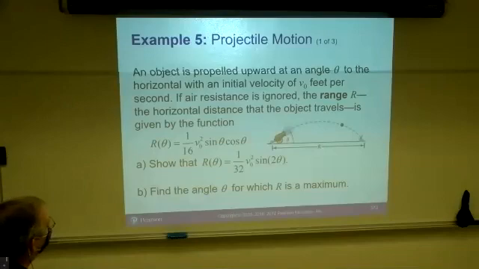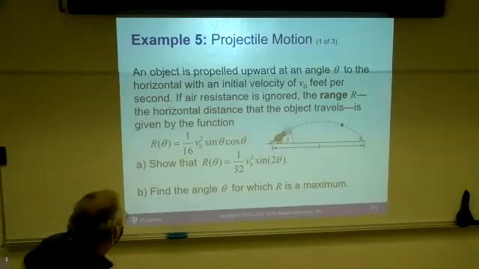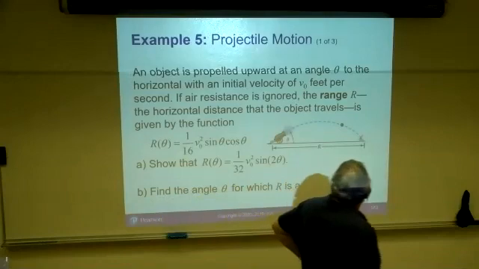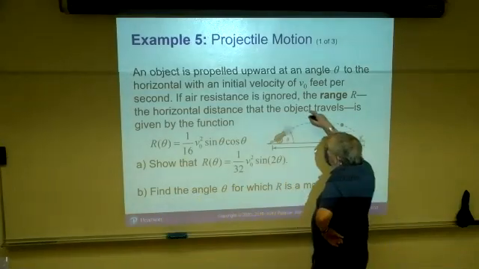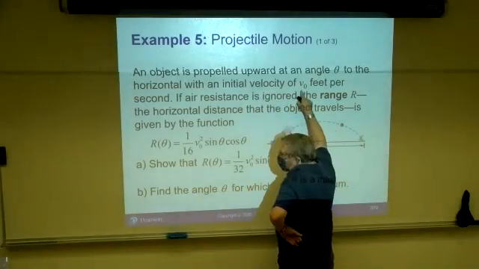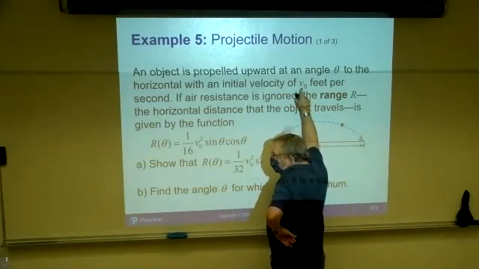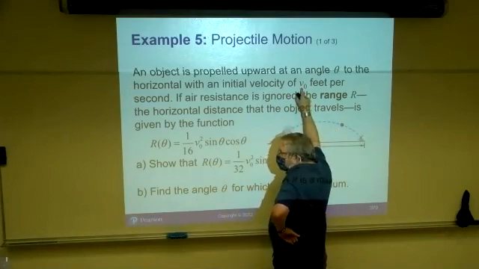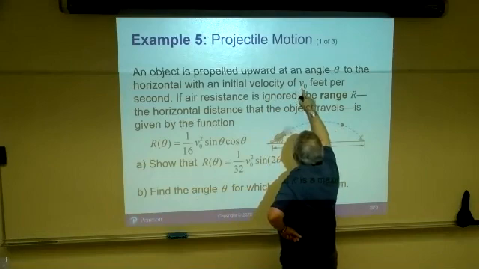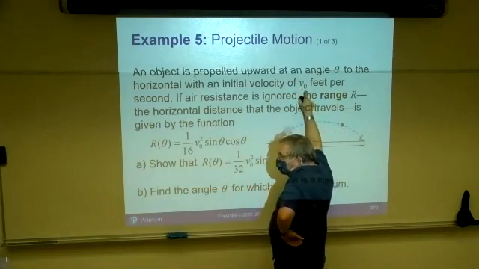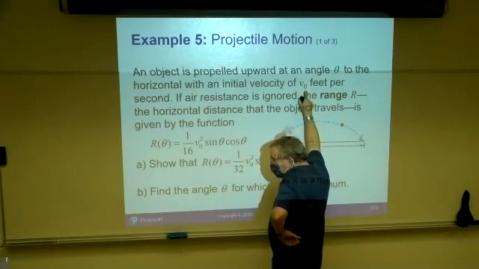An object is propelled upward at an angle theta to the horizontal with an initial velocity of v sub 0. Usually when we're talking velocity, we use the variable v. This is straight out of physics. V sub 0 is always the initial velocity.